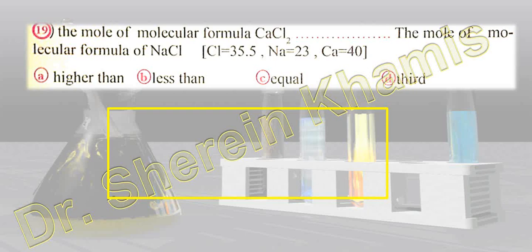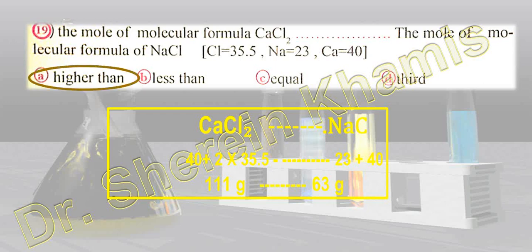Here we have calcium chloride CaCl2, 40 plus 2 times 35.5, and sodium chloride 23 plus 35.5, so it will give 111 gram and the other one 58.5 gram. So the mass of 1 mole of calcium chloride is higher than that of sodium chloride.